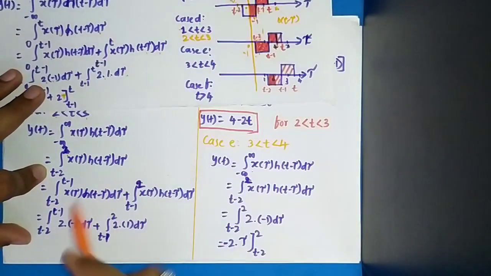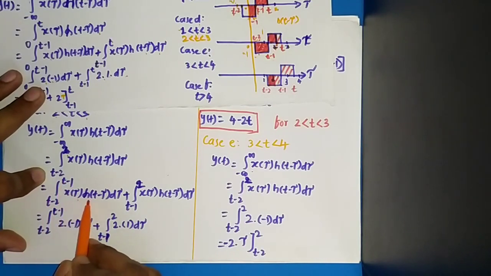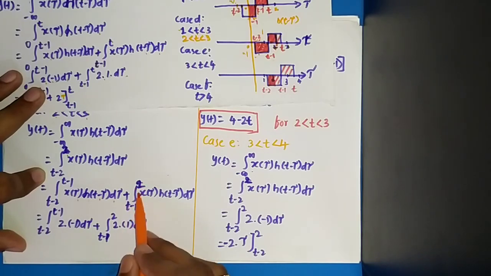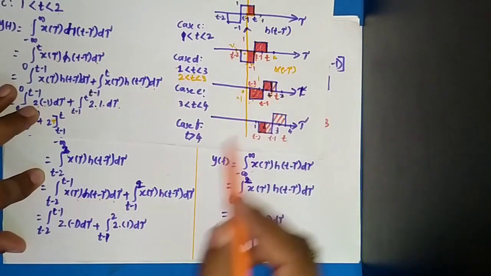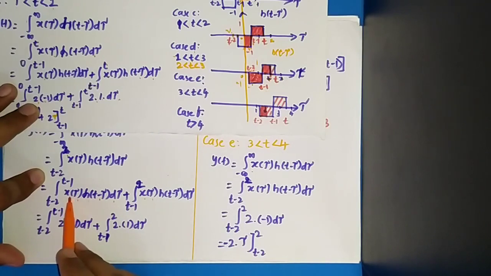So accordingly, what will happen here? Y of t is equal to integral from t minus 2 to t minus 1 of x of tau, h of t minus tau d tau, plus integral from t minus 1 to 2 of x of tau, h of t minus tau d tau, okay. Now put the values of x of tau and h of t minus tau here.